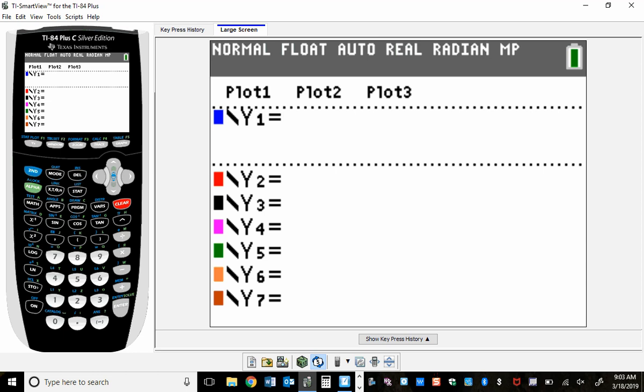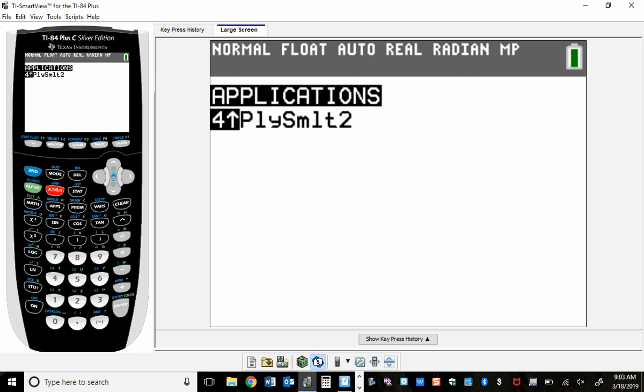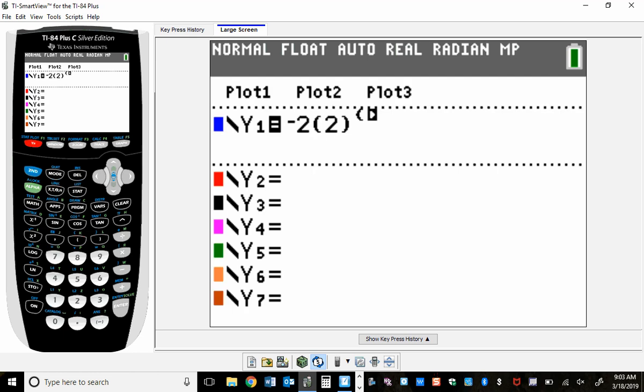So you have -2 times 2, parentheses. Don't make that -4. I'm going to type in x plus 1 in parentheses, and then -3.